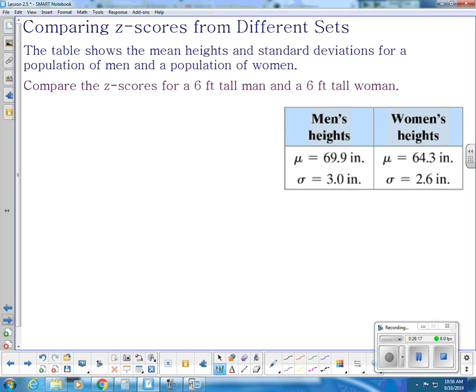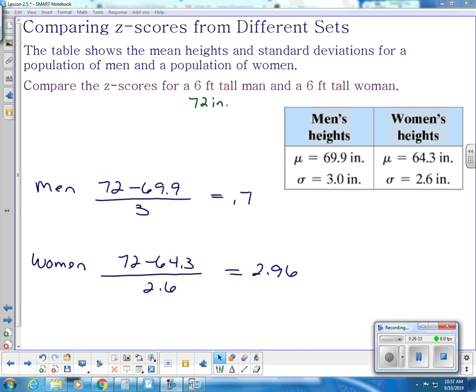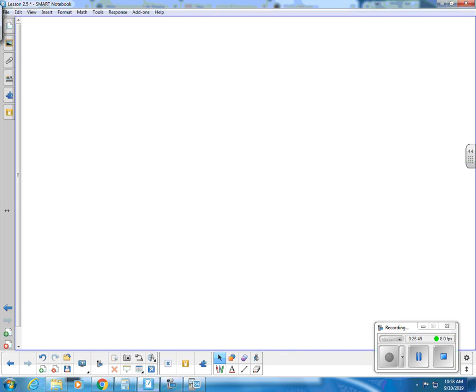Go. 6 foot is how many inches? Okay, figure out your z-scores. So, for the population of men, it's right around average. She is extremely above average. Okay? So when you're comparing apples and oranges, you've got to use z-scores. All right? Okay. That's it, guys.